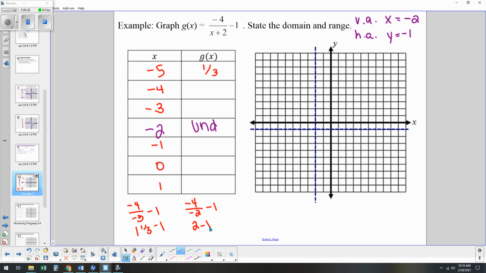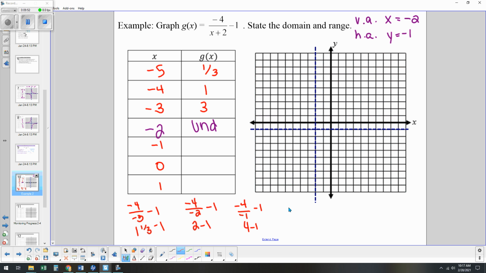So this is 2 minus 1, or 1. Then we have negative 3. So we're going to get negative 4 over negative 3 plus 2, is negative 1, minus 1. So that's going to be 4 minus 1, or 3.